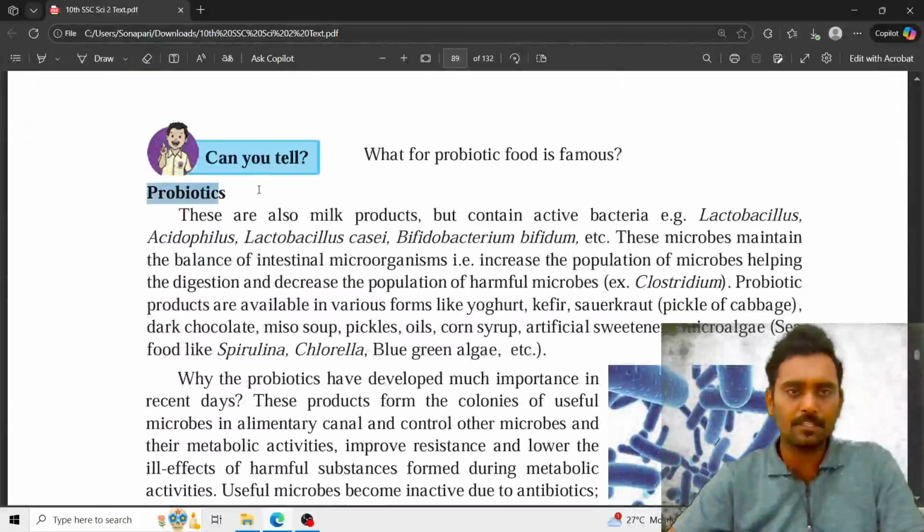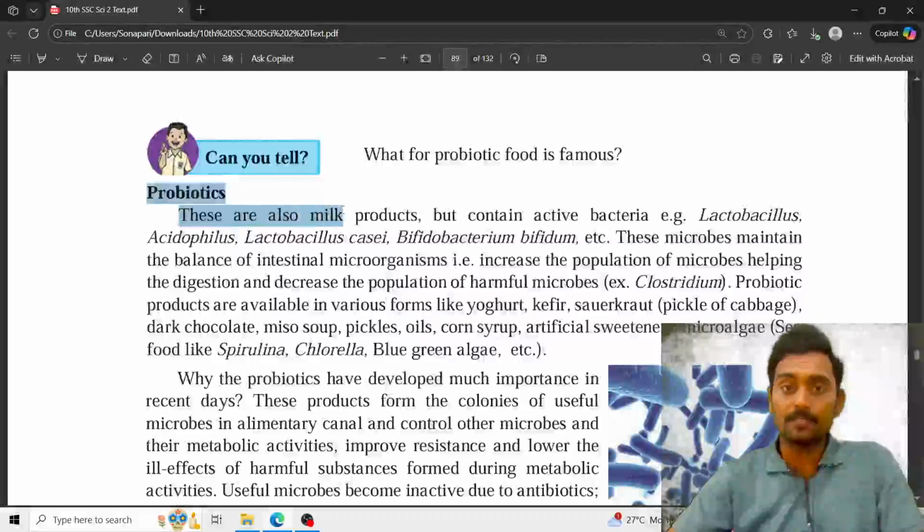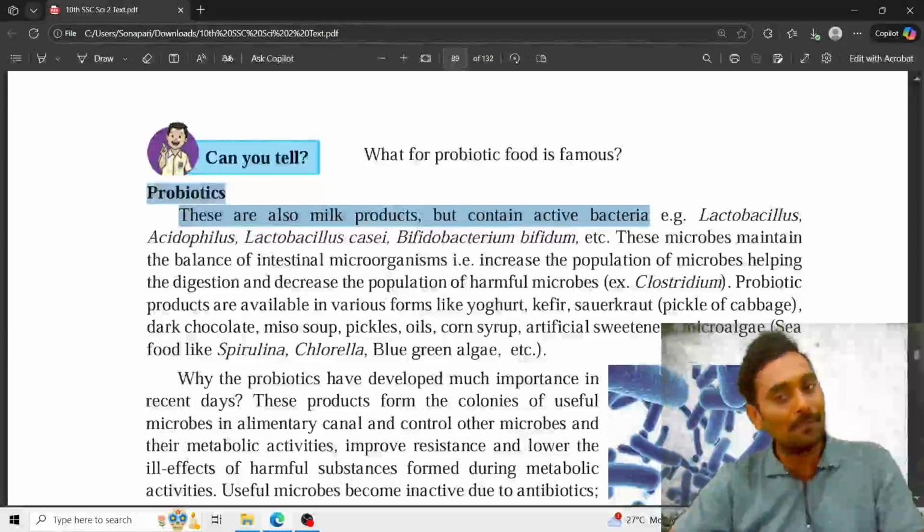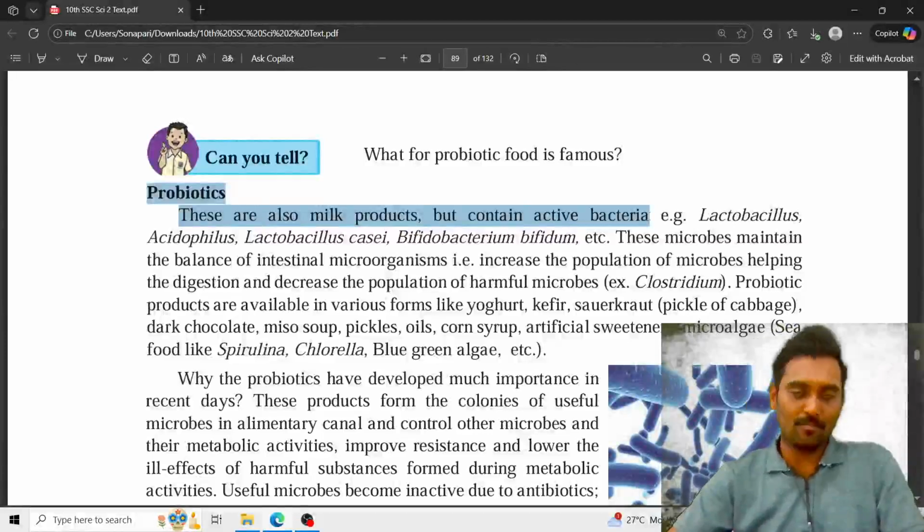So next is the probiotic. So these are also a milk product, but they contain active bacteria. The bacteria are living inside it, and they are really helpful for our health, immunity, and our gut improvement.